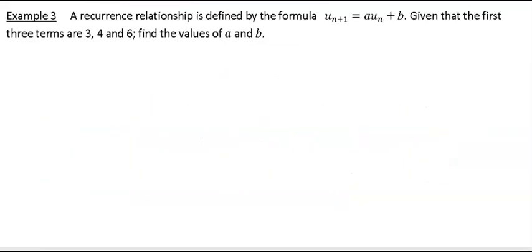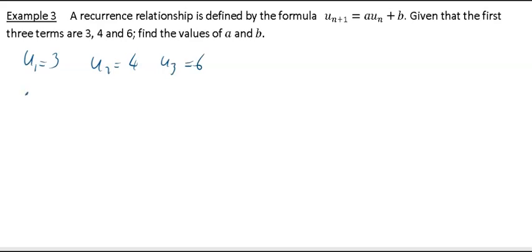Okay, this example says the recurrence relation is defined by the formula u_{n+1} is equal to a u_n + b. Given that the first 3 terms are 3, 4, 6, find the values of a and b. So my first term, first of all, it tells me is equal to 3. My second term is equal to 4, and my third term is equal to 6.